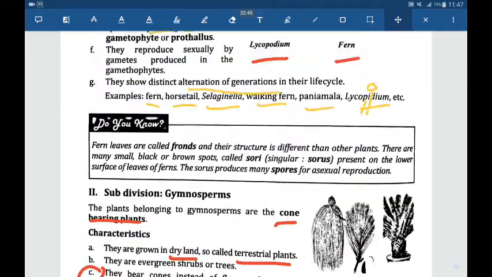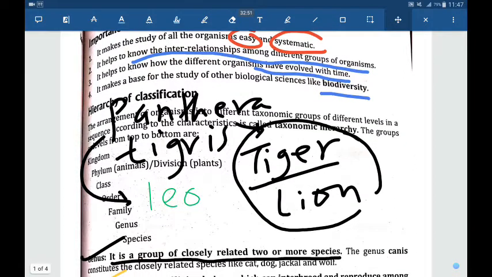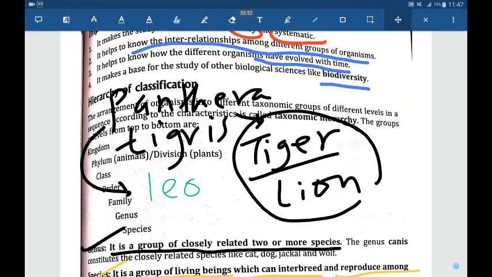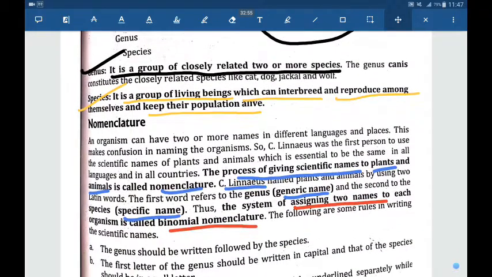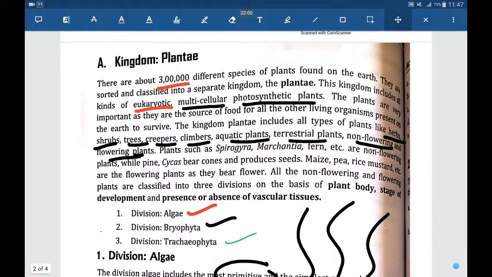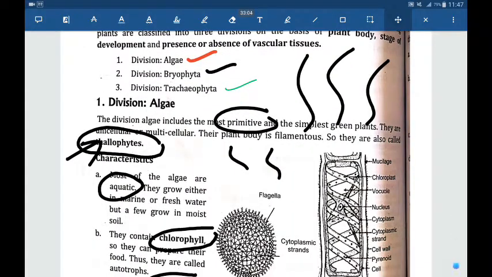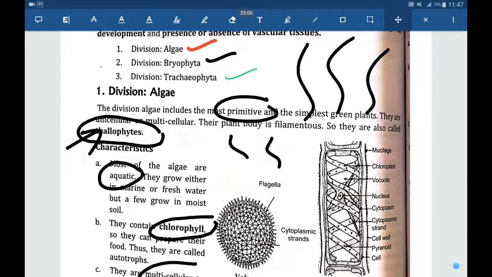Students, in today's class, what did we discuss? Once again, let's see from the beginning. Importance of classification, hierarchy, genus, species, nomenclature, plant kingdom, 3 divisions: algae, Bryophyta, Tracheophyta.